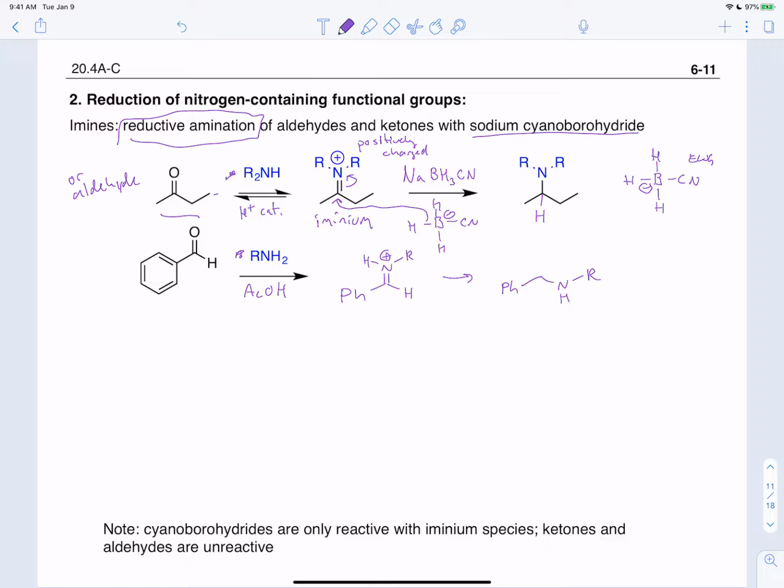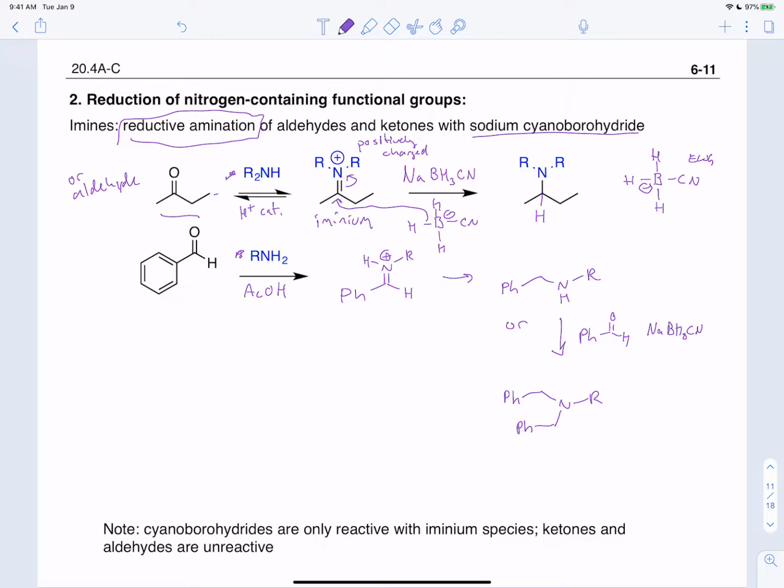So depending on how much aldehyde you have, you could potentially have this go twice or just stop here. You can preform the imine and controllably introduce either one. If you wanted to install two of the same groups onto this primary amine, we could have more benzaldehyde and sodium cyanoborohydride added to now give you two groups.